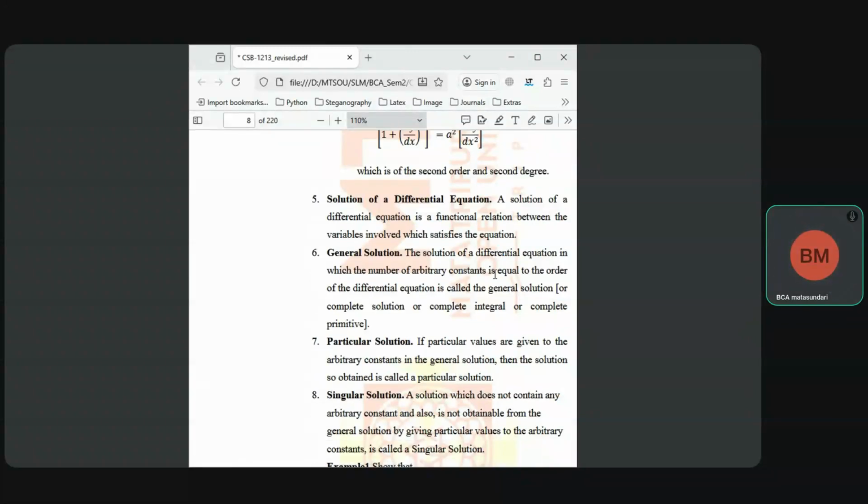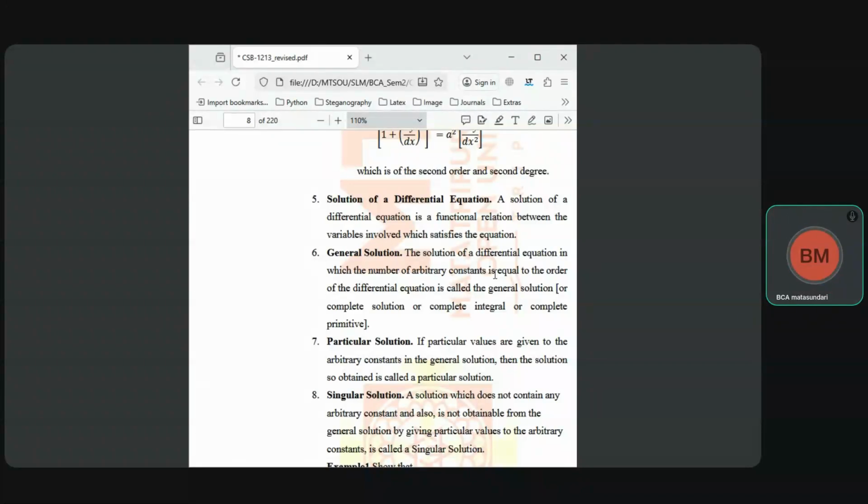Next is the solution of a differential equation. The solution of a differential equation is the functional relation between the variables involved which satisfies the equation. Any doubts so far? Okay, if there is no doubt, let's move to the general solution.